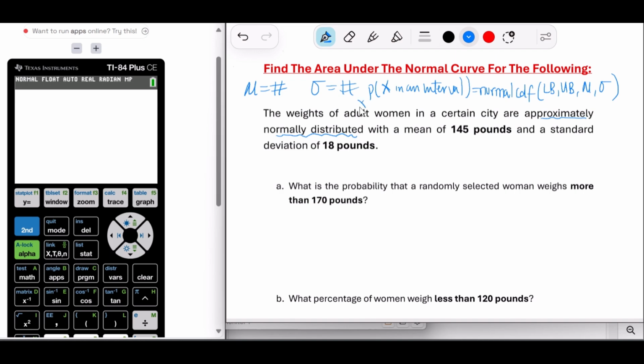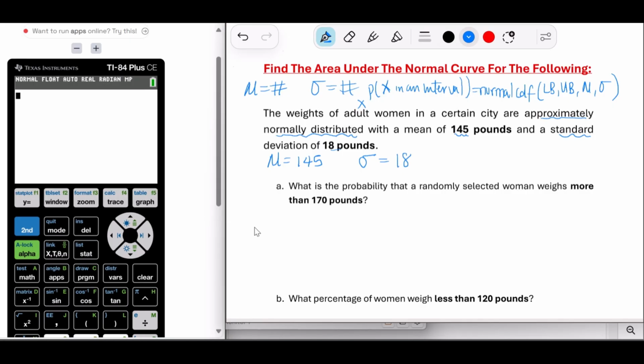So we've been told that it is normally distributed. That is, we can easily use the normal CDF. With a mean of 145 pounds, here we have our mean given to us as 145. And the standard deviation of 18 pounds, here we have the sigma already given to us as 18 pounds.